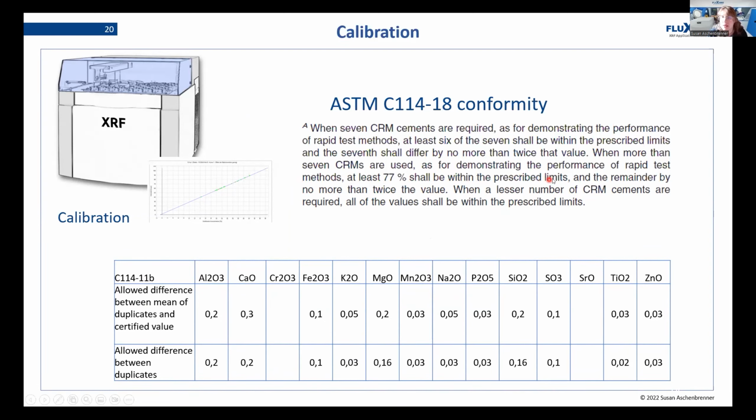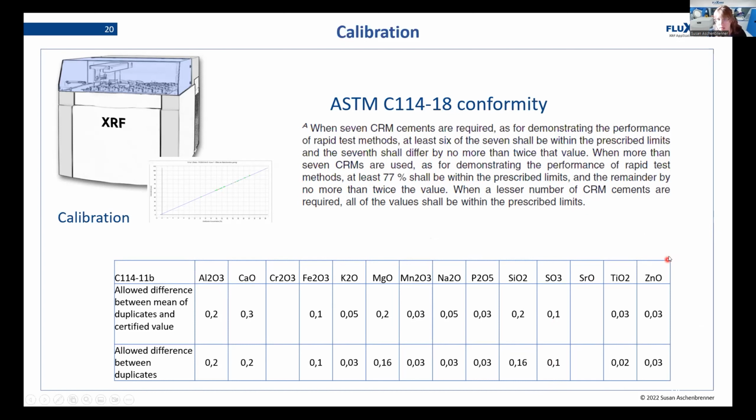And we now know we have to have 7 CRMs as control samples. We need to measure them, and we have to be within these limits for at least 6 of them. And the 7th one that is maybe a little bit out of the limits, it cannot be more than twice the limit.